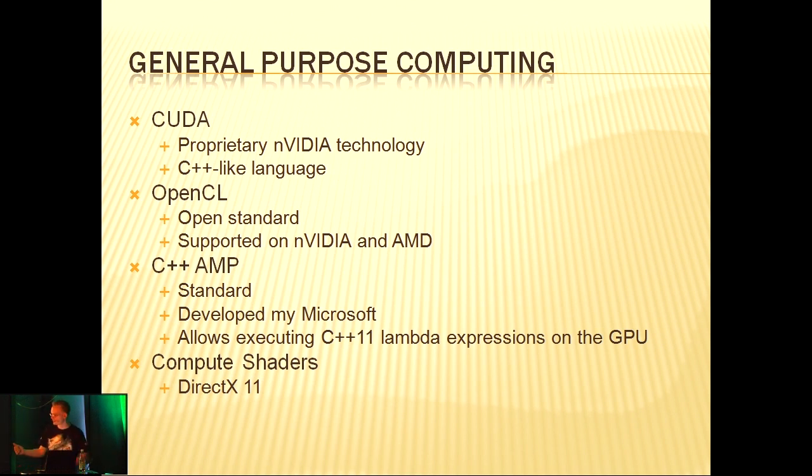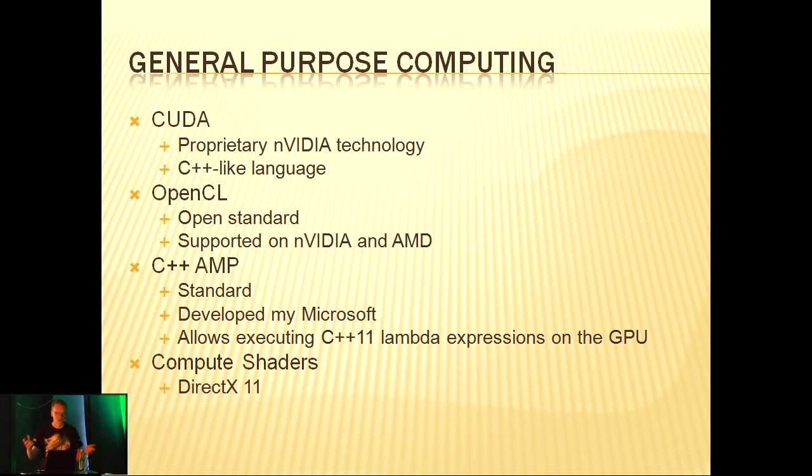Then you have OpenCL, which is an open standard maintained by the Khronos organization, supported by the NVIDIA and AMD architectures. And it's a good choice, in my opinion, if you're starting from scratch to build a general purpose computing system. Then you have C++ AMP, which I specifically find very interesting. It's actually a standard, even though it's been developed by Microsoft.